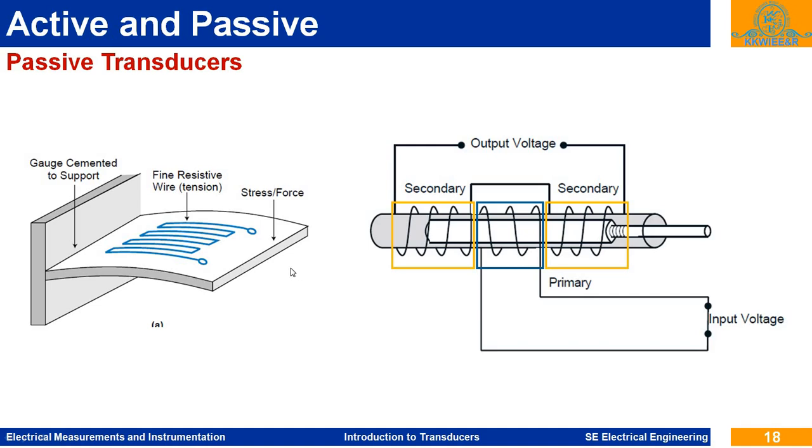The opposite ends are connected with the DC supply, and on the other opposite ends, the galvanometer or the voltmeter is connected to measure the output voltage.